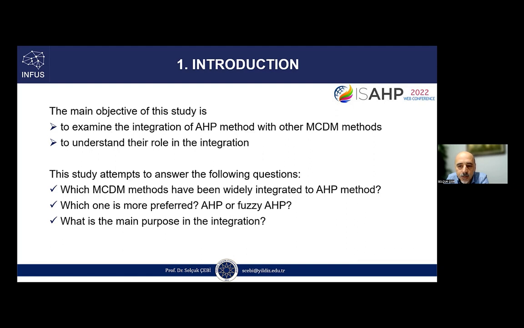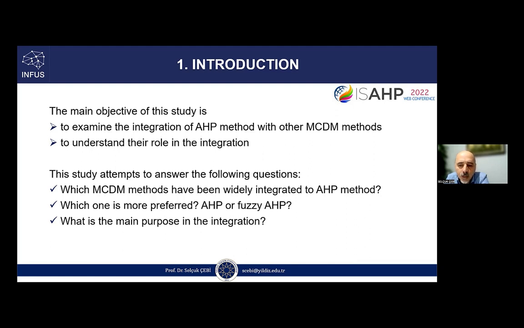For this purpose, the peer-reviewed AHP articles published in the Scopus database were analyzed, and these studies are categorized according to the utilized MCDM methods within the scope of this study.